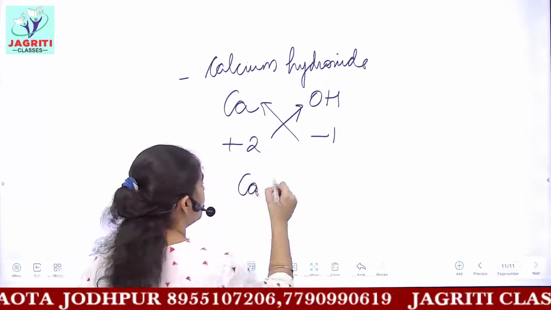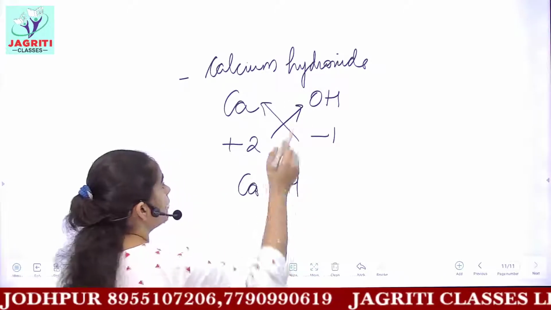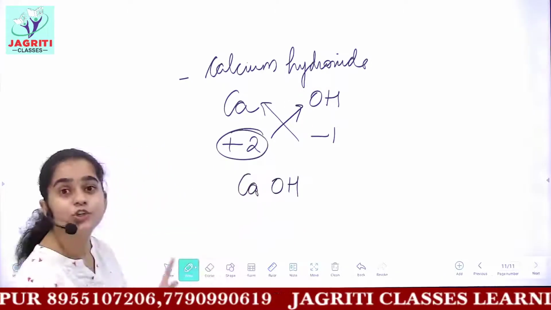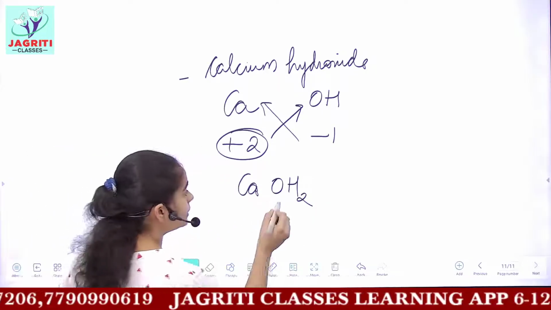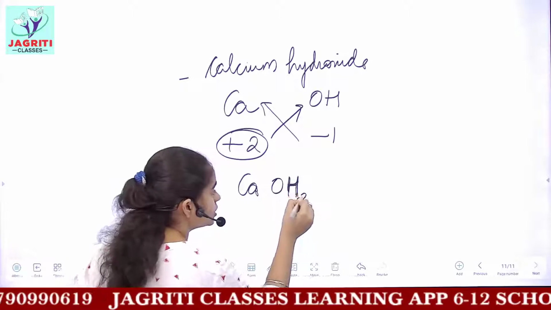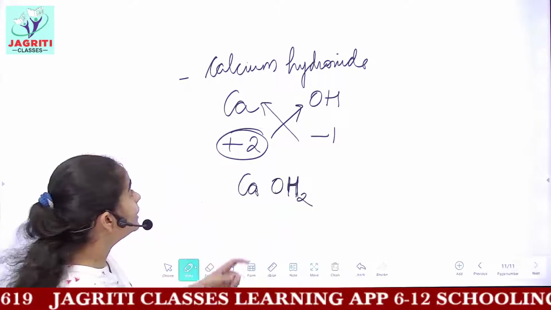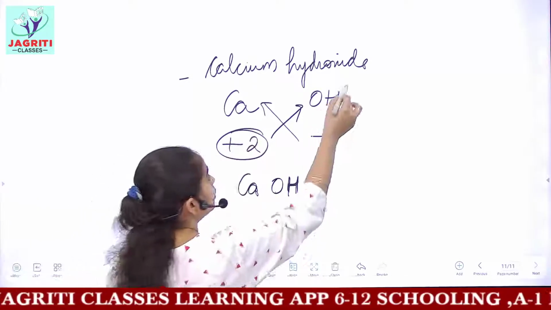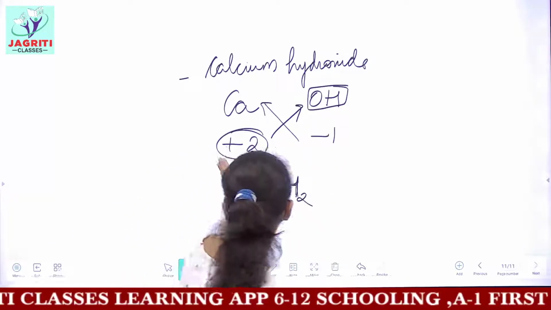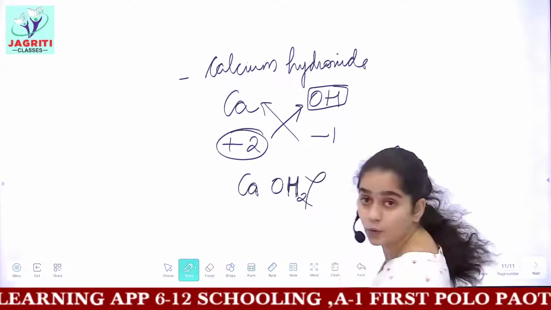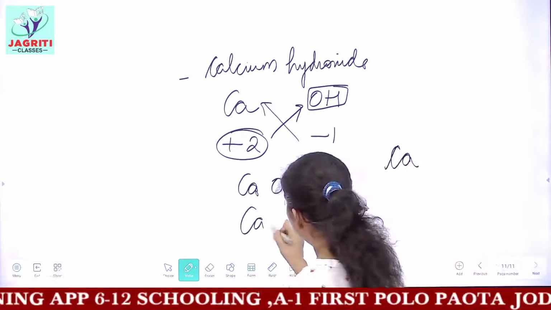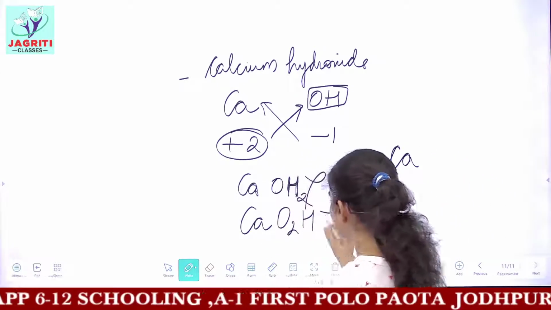Then you have OH. Now you have to write the subscript 2. So you can't write 2 like this, because it would mean that this hydrogen is 2 and oxygen is 1. This would be wrong, okay? You can't put 2 after oxygen. This would also be wrong.